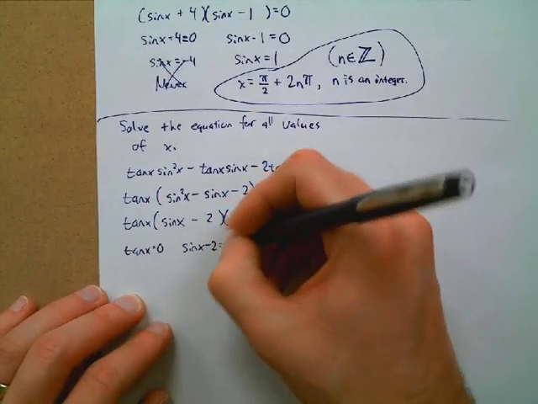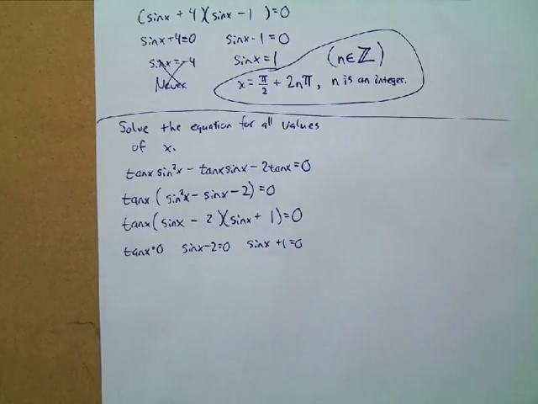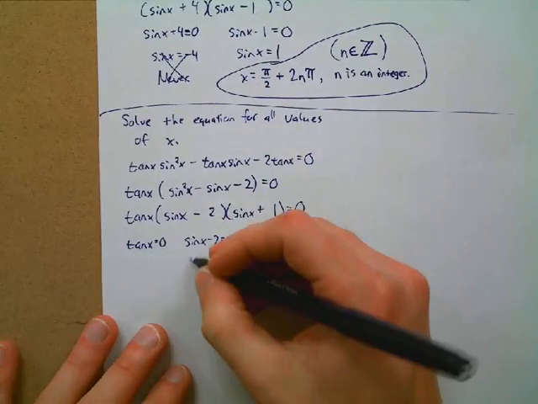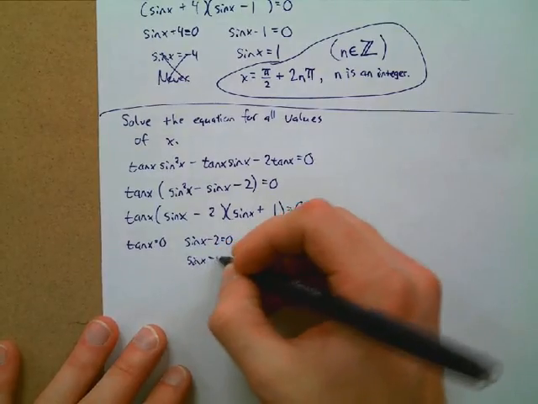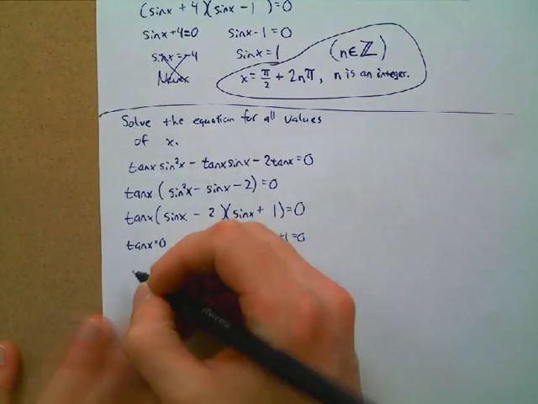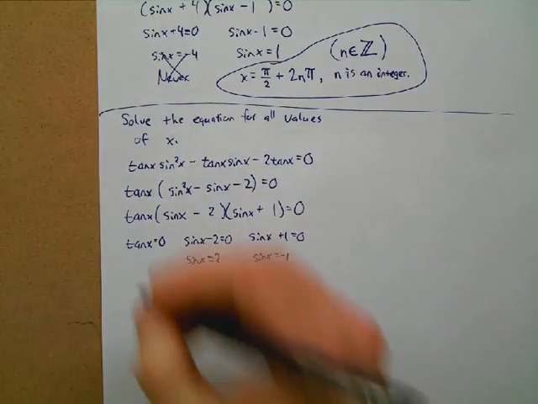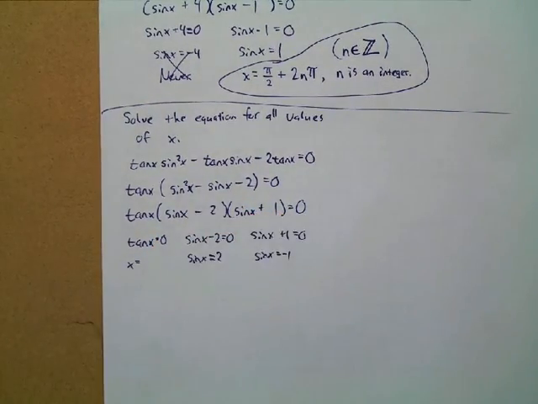Okay. So, tangent of x equals 0 when x is what? Tangent of x, yep. 0 and pi. 0 and pi, exactly right.